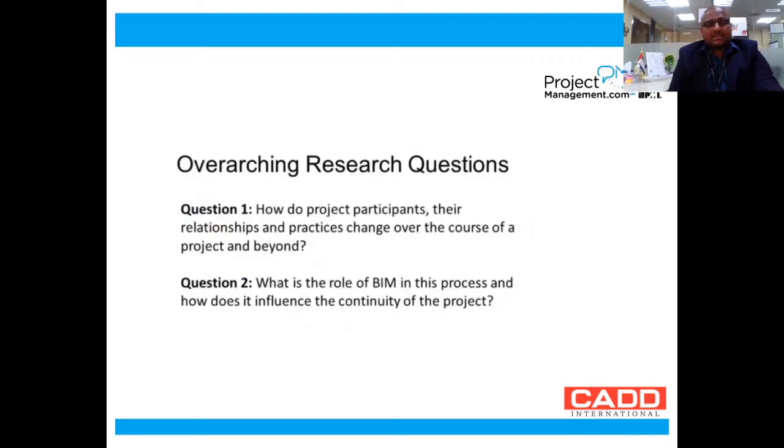In today's discussion, we will be answering two questions: how do project participants, their relationships and practice change over the course of a project and beyond, and what is the role of BIM in this process and how does it influence the continuity of the project. These are the research questions we are trying to answer in this webinar session.